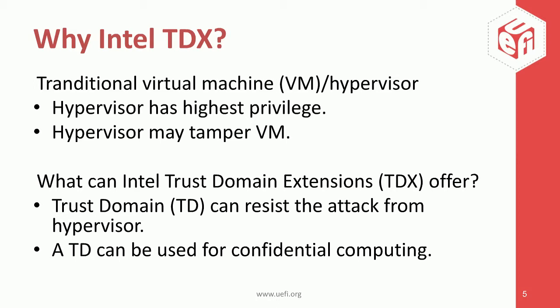The customer does not want the CSP to know the sensitive data at runtime, and they hope the VM runs in a confidential computing environment. So Intel TDX introduced an architecture element to help deploy hardware-isolated virtual machines, which is called a trust domain. With the protection of TDX hardware, the hypervisor can no longer access the data inside of the trust domain. The TD is a hardware-based confidential computing environment.